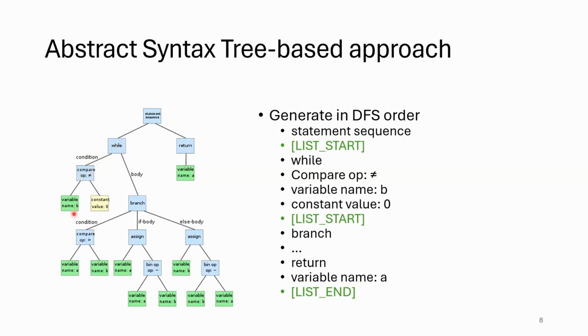We have that compare, B compares with 0. And then we have this body. This body is usually a list, so we append this list start token, branch, and so on until we finish the first branch from the statement sequence. Then we return to this return node variable name A, and because we finished creating a list, we will append this list end token.